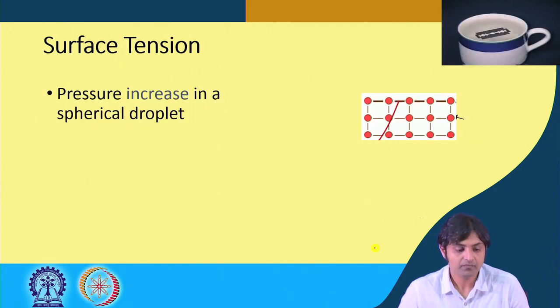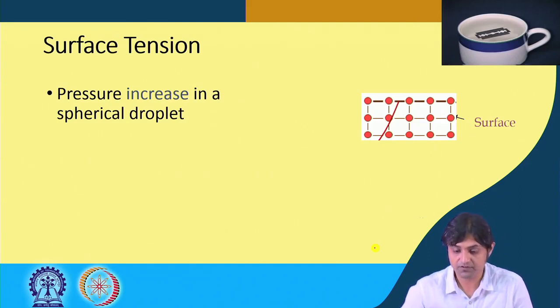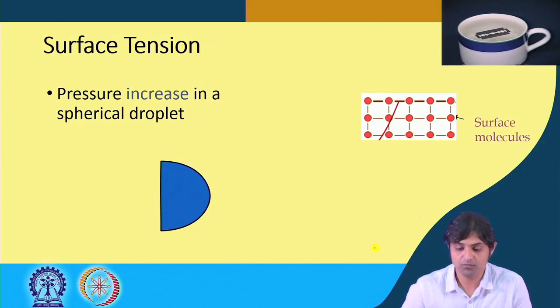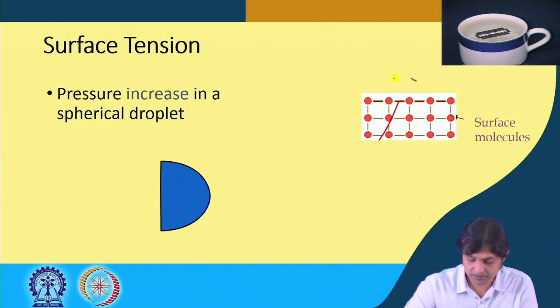Another such property is surface tension. An example here is that the pressure increases in a spherical droplet. This is the surface of a droplet, for example, and these are the surface molecules that we are seeing here.